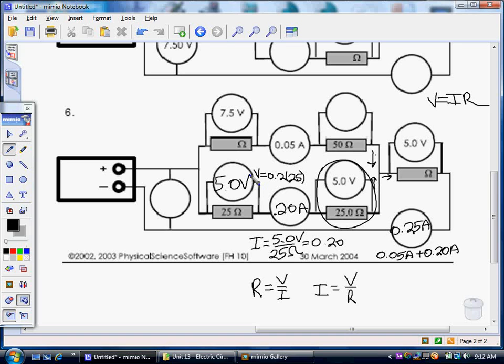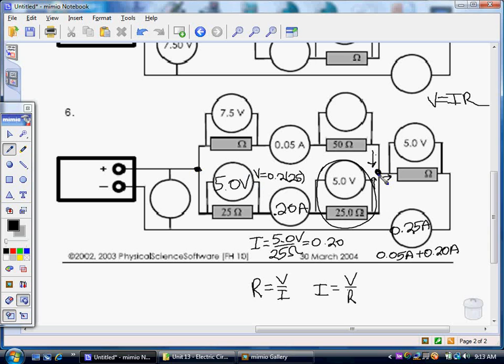All right, now what does that tell us about the top? Let's look at the top leg of the parallel. Well, the one thing you've got to make sure you know is that in a parallel circuit, the voltage across one leg of the parallel circuit is equal to the voltage across the other leg. In other words, we're talking the whole thing. So the voltage from this point up here to this point over here is going to be the same.